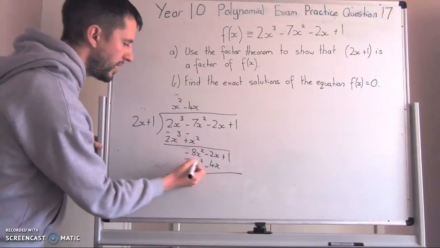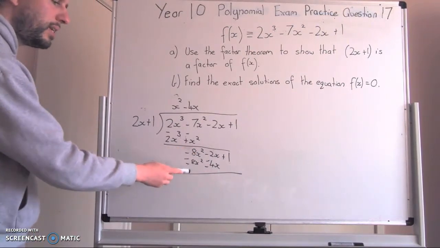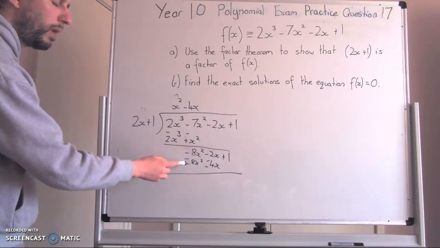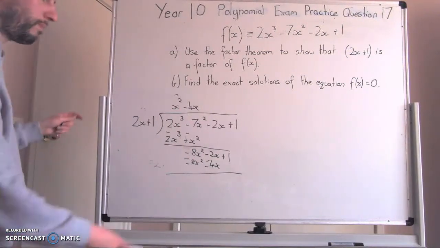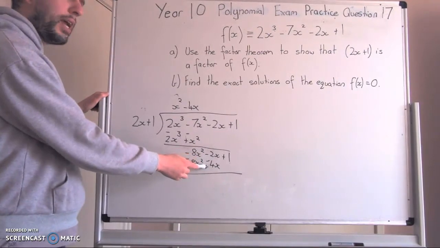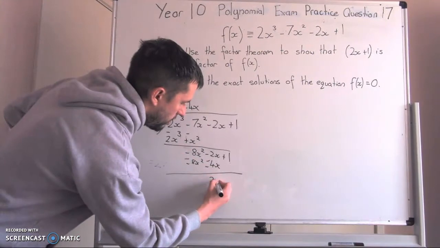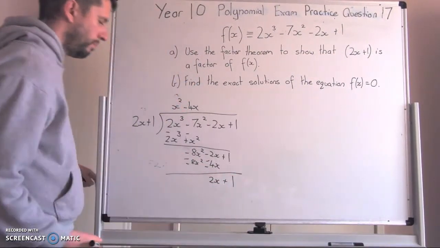I am taking everything away. So negative 8x^2, take away negative 8x^2, becomes plus and becomes 0. Negative 2x, negative is positive, plus 4x gives me 2x. Plus 1.